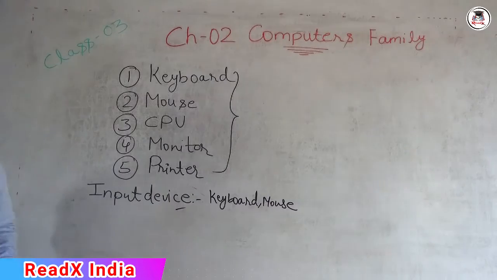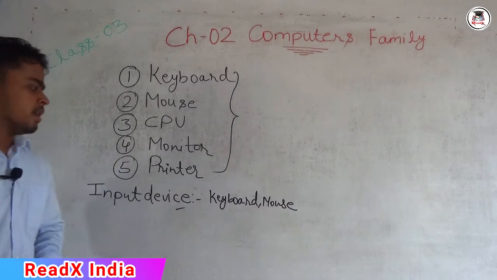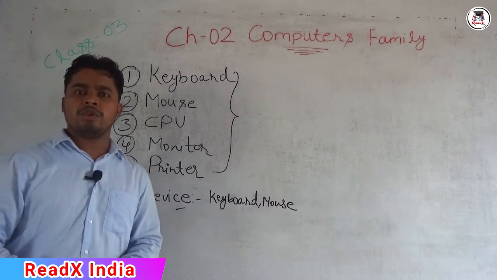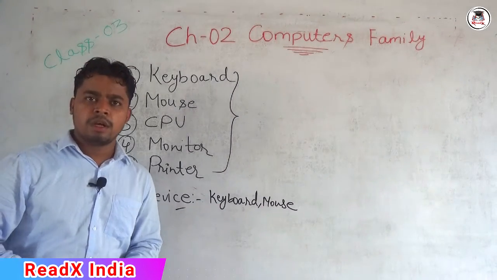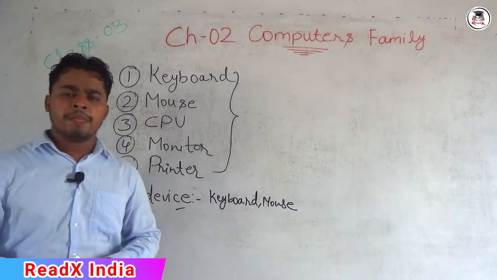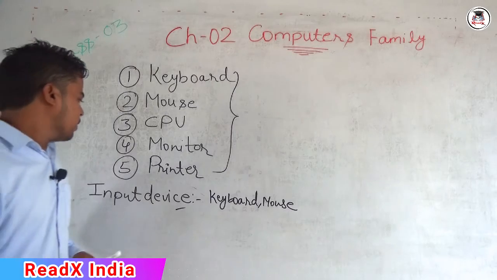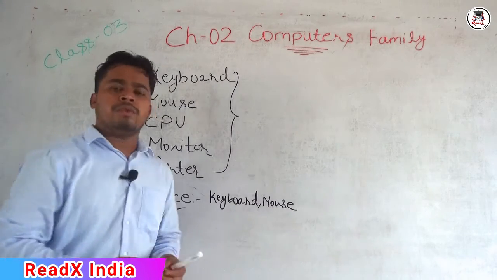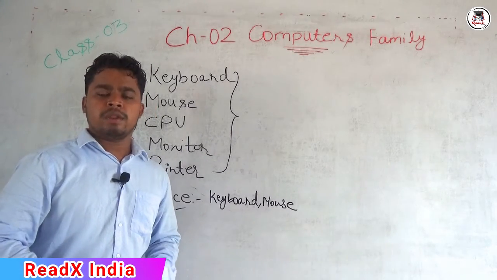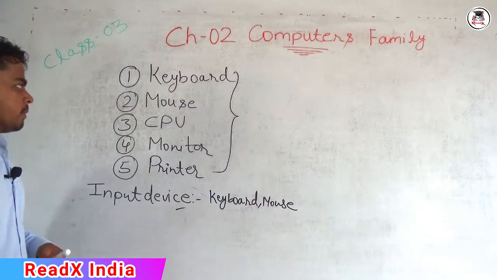Through these we give instructions. With the keyboard, we press the keys, the buttons present on the keyboard. Similarly, with the mouse, we click the left and right buttons.